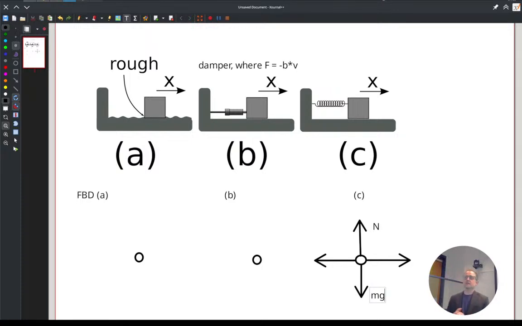So there's more than one way to deal with this, but I'll show you the standard practice. We say that this force is -kx.